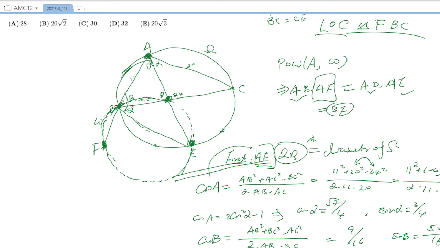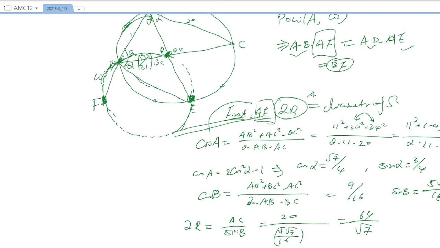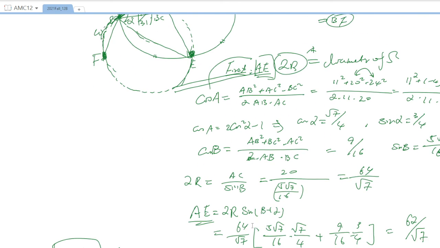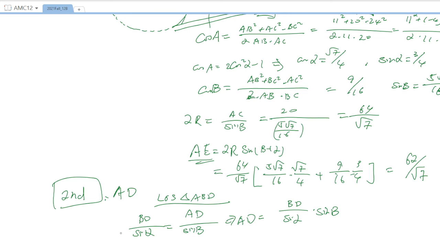The total ratio is 31, so this part is 11 over 31 times BC. By the angle bisector theorem, BD is equal to 11 over 31 times 24.